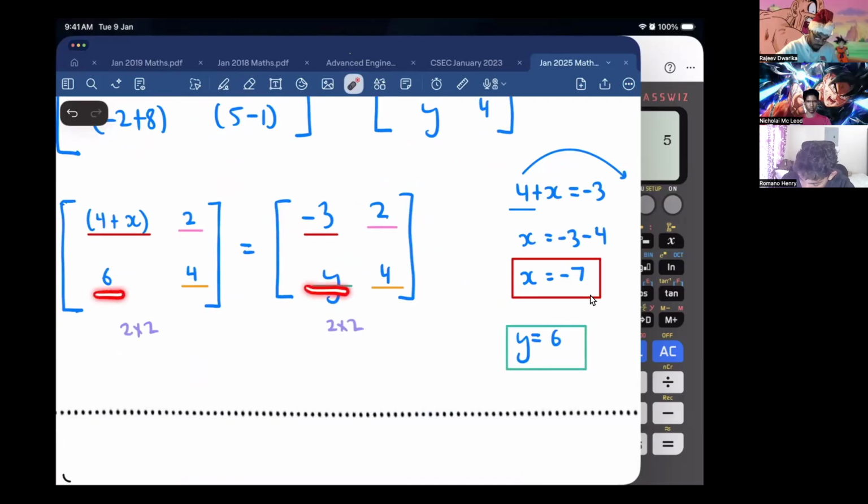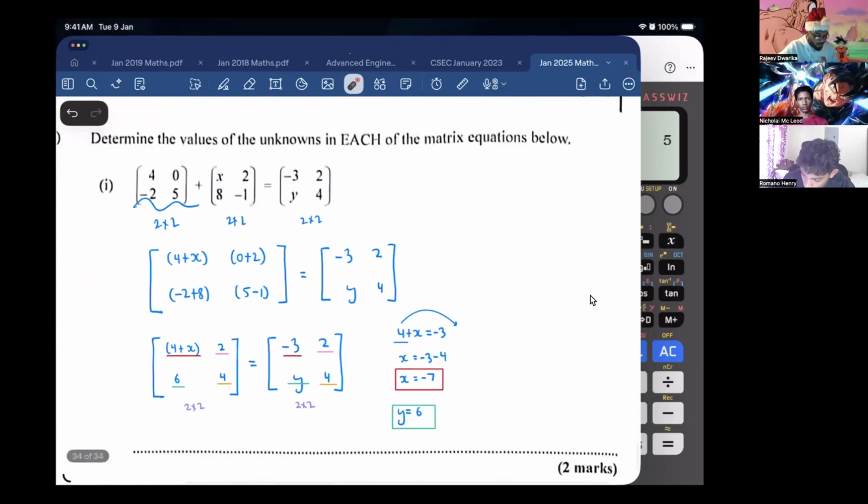Guys, 6 and y, since both of them were 2 by 2 matrices, we could have equated the corresponding elements. So if you notice, the 6 and the y are in the same place. So we can let 6 be equal to y, and if 6 is equal to y, y would be equal to 6, right?